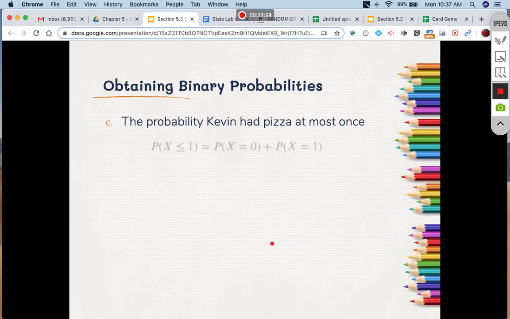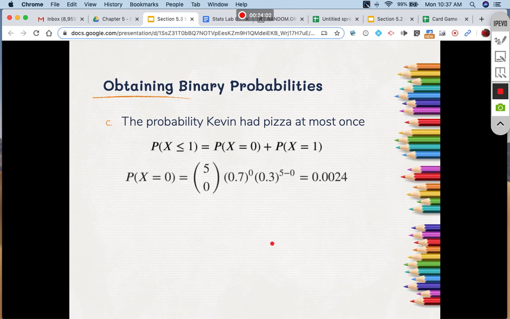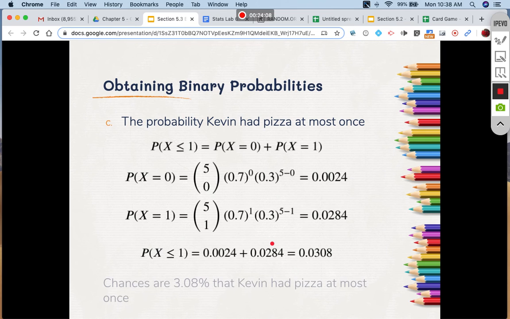At most once. So that could be 0 or 1. Again, here's for 0, here's for 1. Add them together, and we have about 3% that he had pizza at most once on those 5 days that we picked at random.